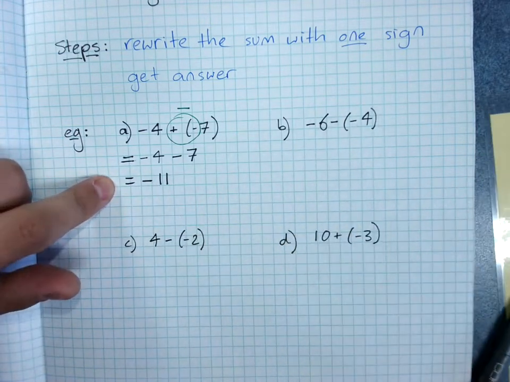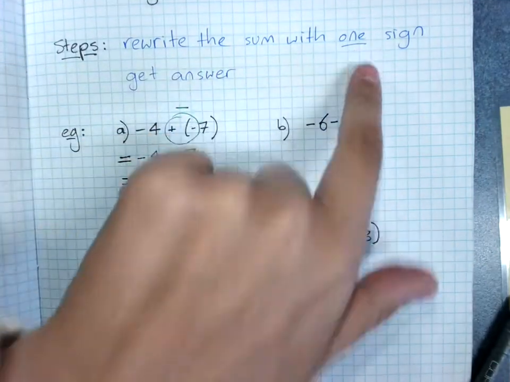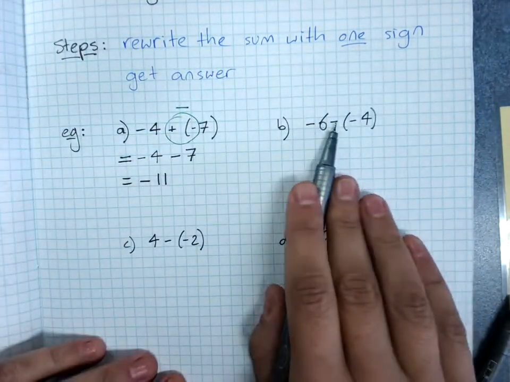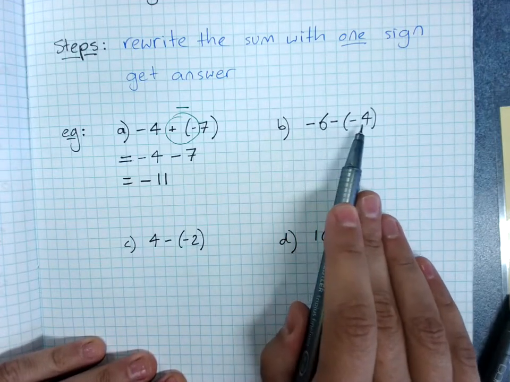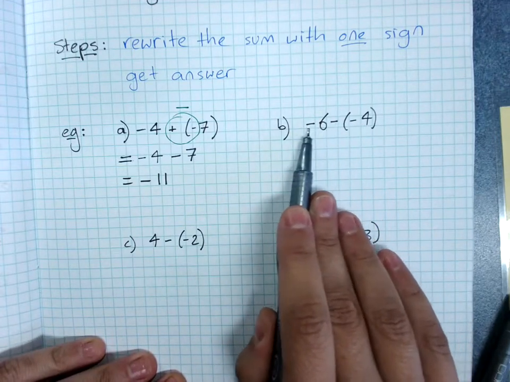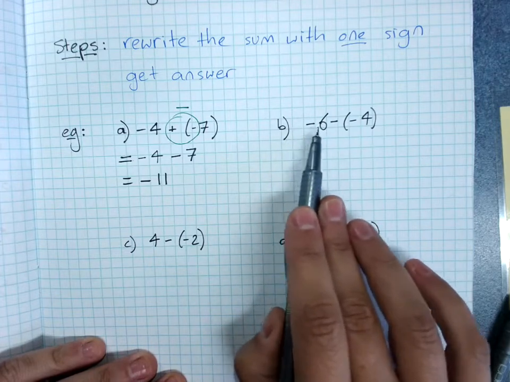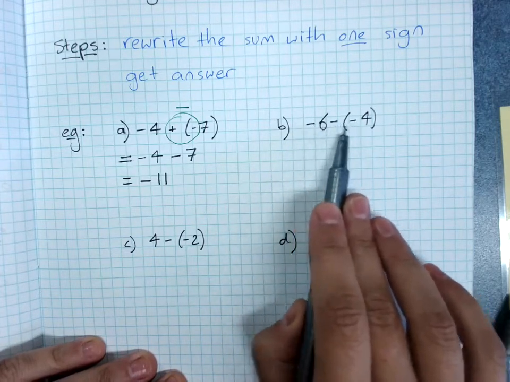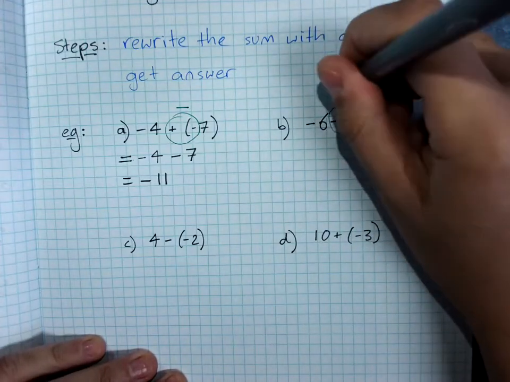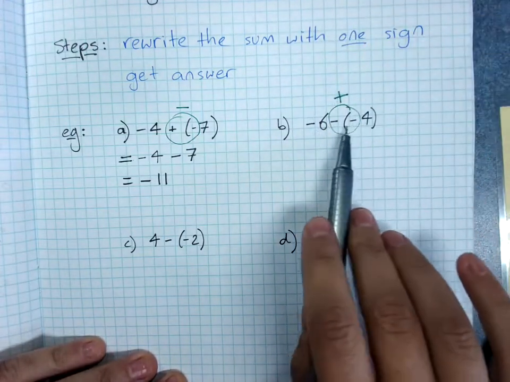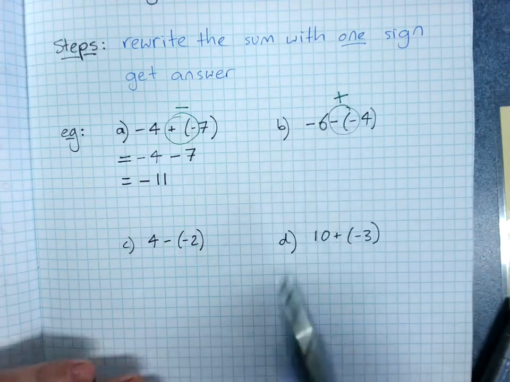Let's do this over here. So the first thing is rewrite it with one sign instead of the two next to each other. -6 minus -4. This stays with itself, that's not changing, it's -6, but where there's two signs together, taking away a negative is the same as a positive. And this is a really good way to do it. Circle it and write the sign that you need.